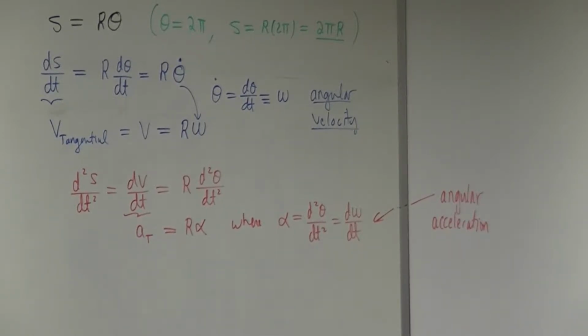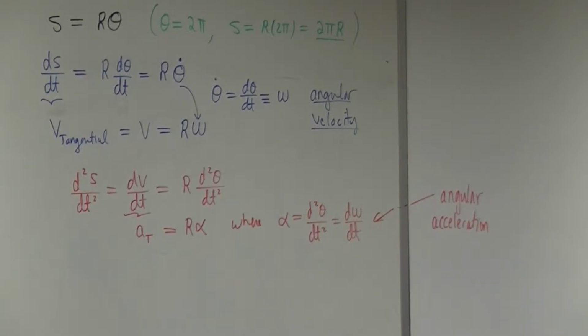And if you have a tangential acceleration which is increasing in this counterclockwise direction, then that would be like this: r alpha.